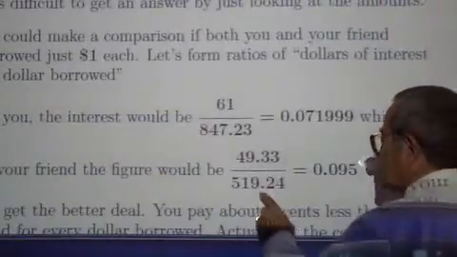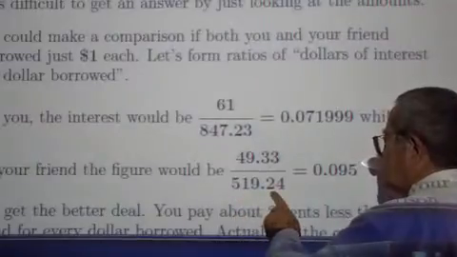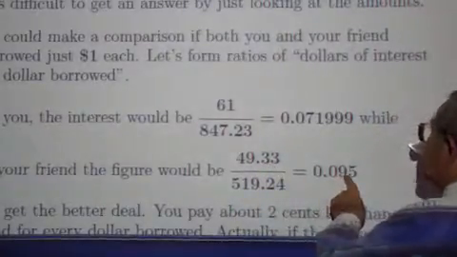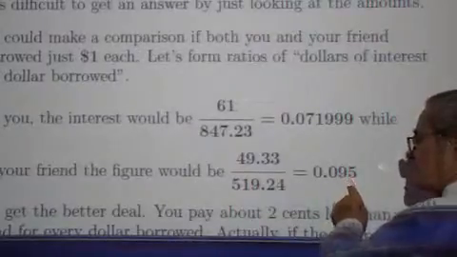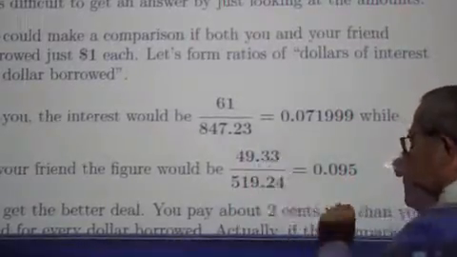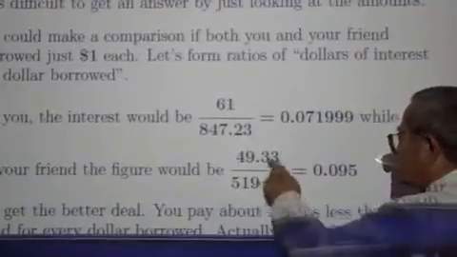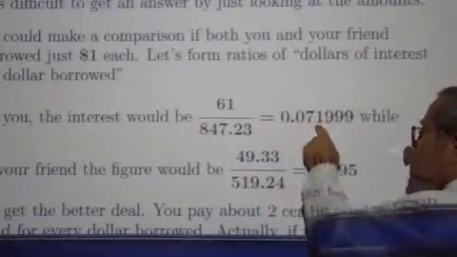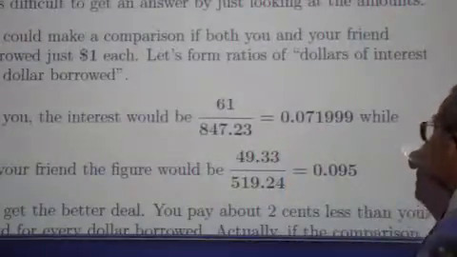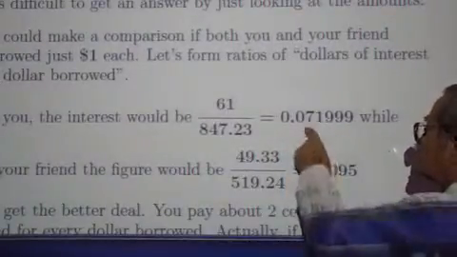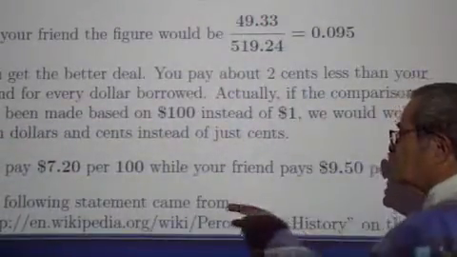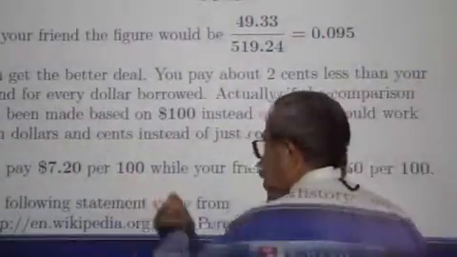And your friend, when you do the division of 519.25 into 49.33, gets about 9.5 cents per $1. So many cents in interest per dollar. Who gets a better rate? You do.